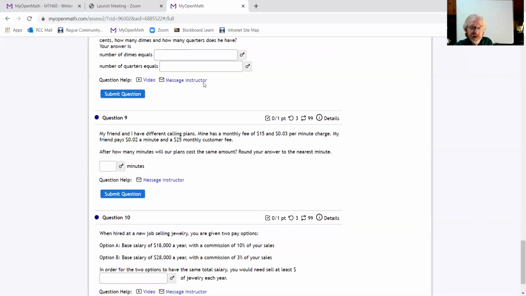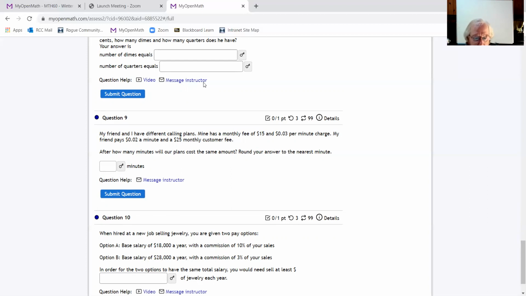And number 9, I think we're changing gears now, for the forms anyway. Different calling plans. I often use something like this as an early example, whether it's calling plans or a sales job plus commission or something. These are two different situations that I would claim create y equals mx plus b shape equations, right? The total is some fixed amount plus a variable amount.